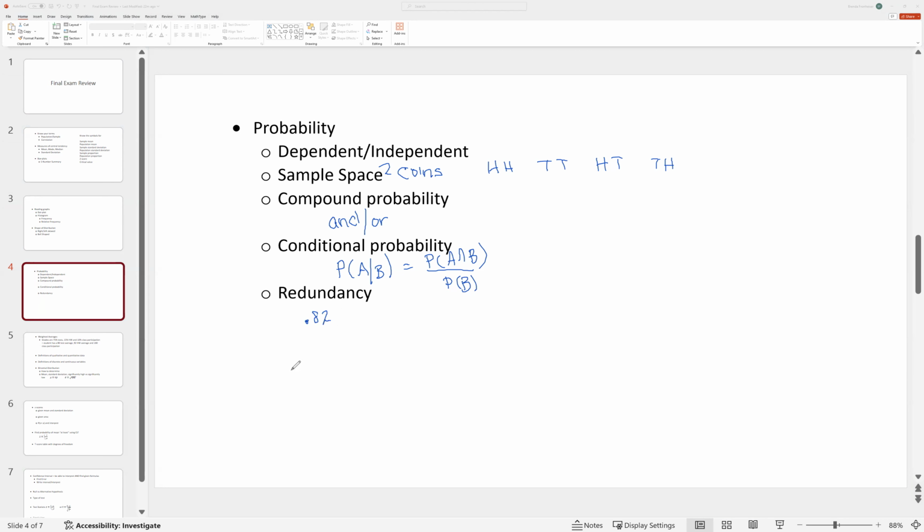And I want to know what's the probability that 3 people get A's. Well, that's 0.82 to the third. Okay, so don't stress out a whole lot about the probability section. I know that that was something that was really difficult for a lot of you. It's a very small section on the exam.